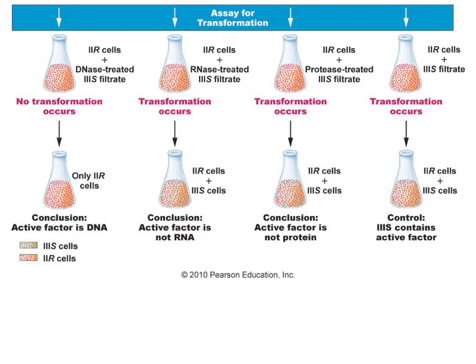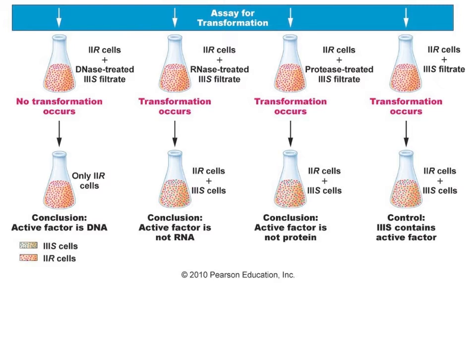So the next step they did is they took some of that same 2R cells, 3S filtrate, okay? But they added protease to this mix. Now we're on to the second column from the right. And what protease does is it destroys protein. So we have in this mix, we have living avirulent, no problem, 2R cells. They don't kill the mice. We have the filtrate that we know transformed the 2R cells in the previous flask, but we've removed from that filtrate all the protein. And guess what?